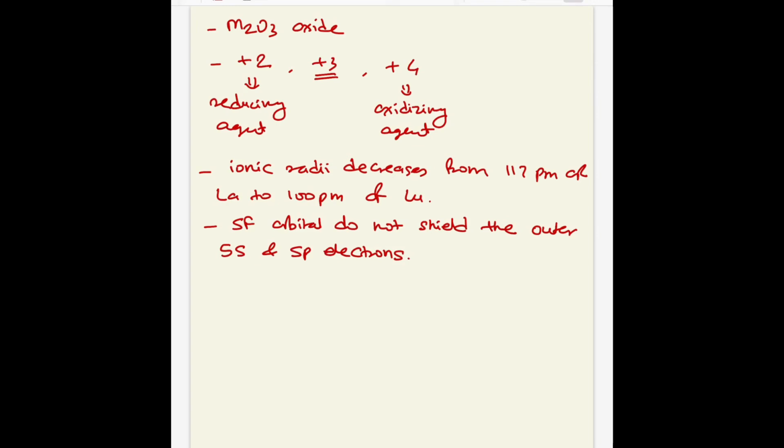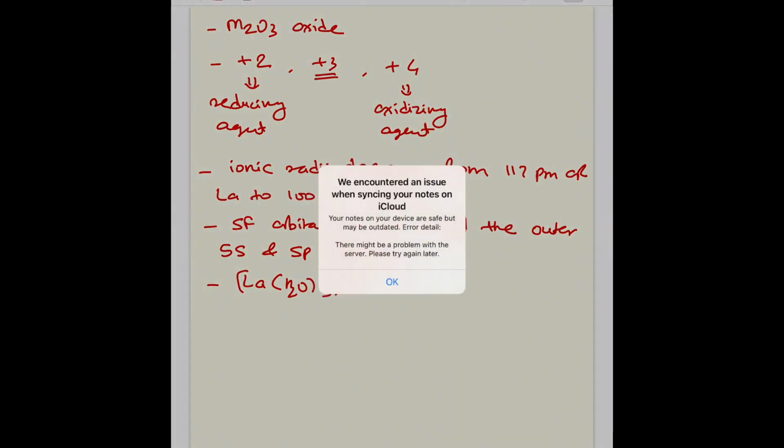Such large ions have higher coordination numbers that vary from 6 to 9, 10, 12. For example, in the case of [La(H2O)9]3+, they form hydrated, nonahydrated compounds.